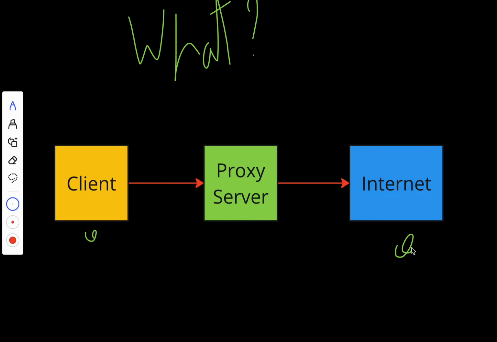Whenever you request a web page or other resources, the request travels first to the proxy, which then forwards it to the destination. The response returns the same way, through the proxy before reaching your device. This step can offer privacy, security, and performance benefits.